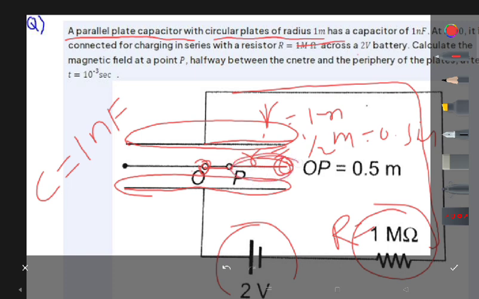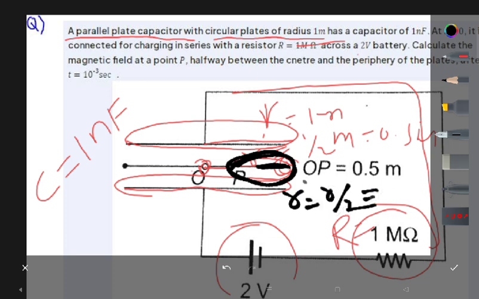So this point is now on this loop with a radius r dash equal to r by 2, or 0.5 meters.